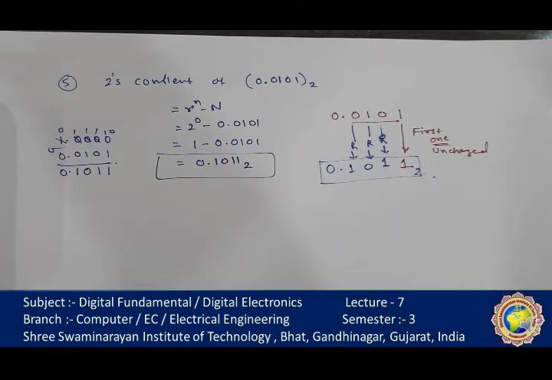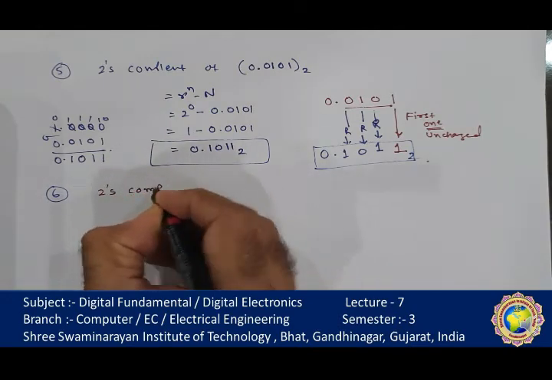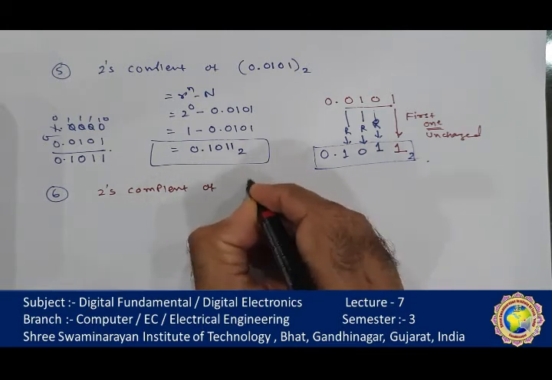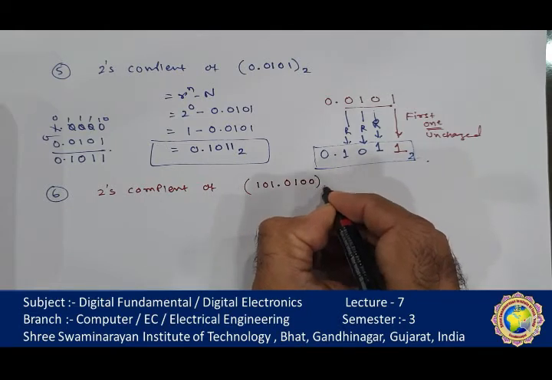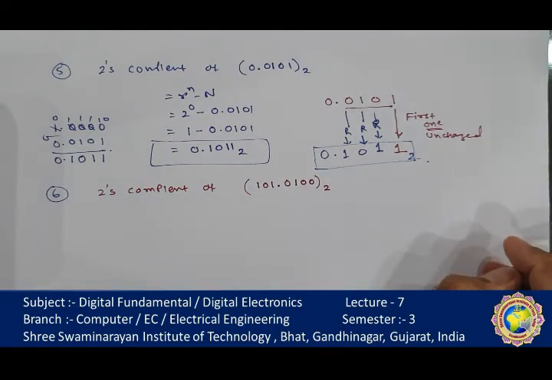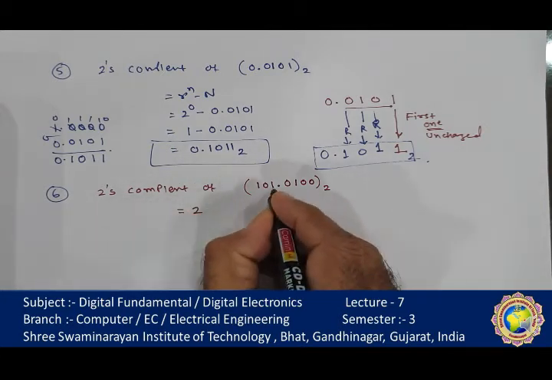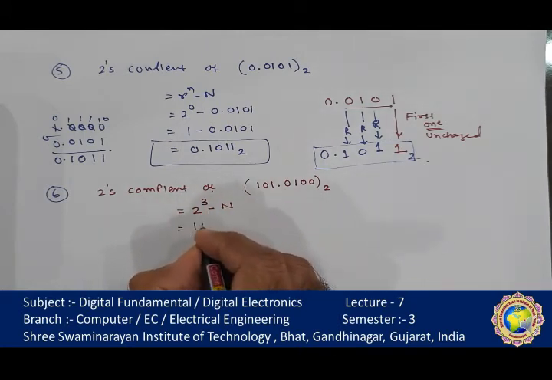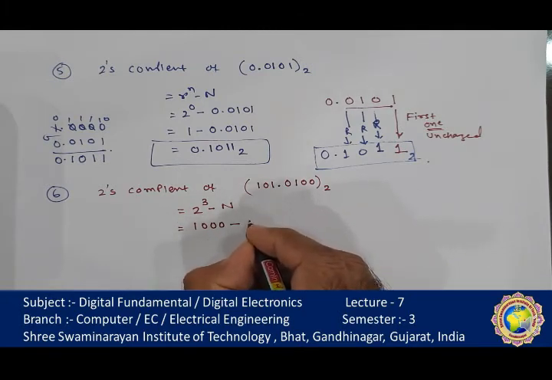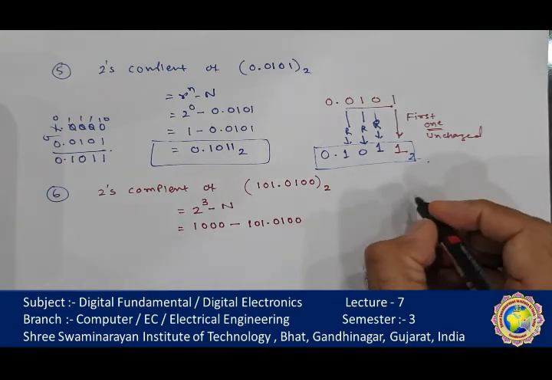So let's consider one number which contains an integer part as well as a fraction part. Suppose we have to determine the 2's complement of 101.0100. Okay. So as per the definition, 2 raised to 3 minus the number N means 1000 minus 101.0100. Let us do it.